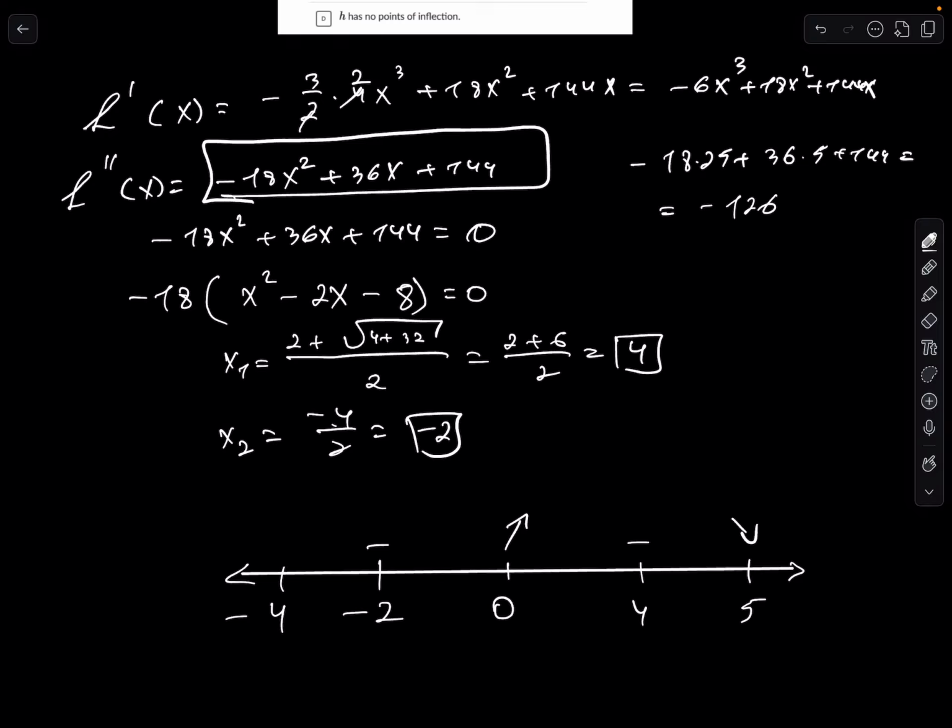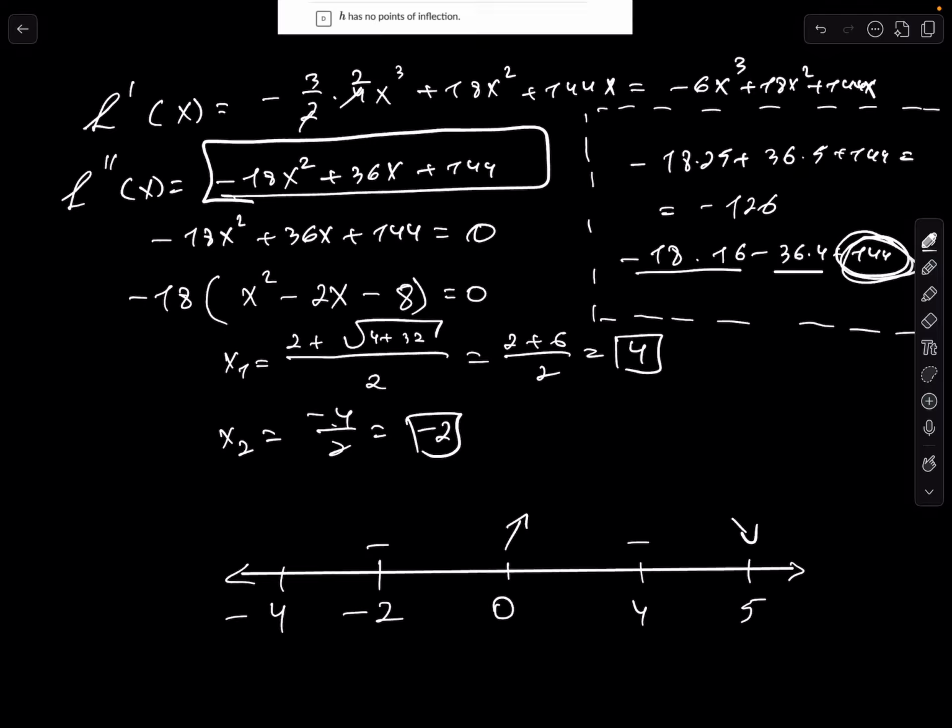And then we have negative 4: negative 18 times 16 minus 36 times 4 plus 144. Well, this one is definitely going to be concave down because these two numbers are definitely going to supersede anything that this one can propose. So this is concave down.